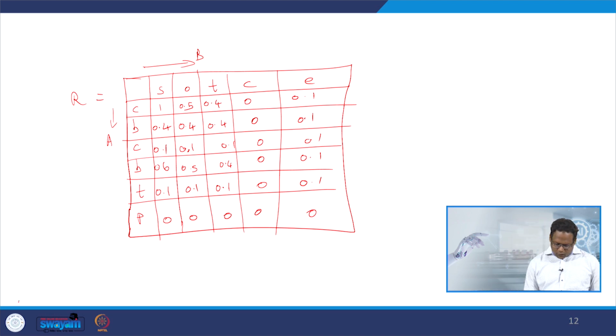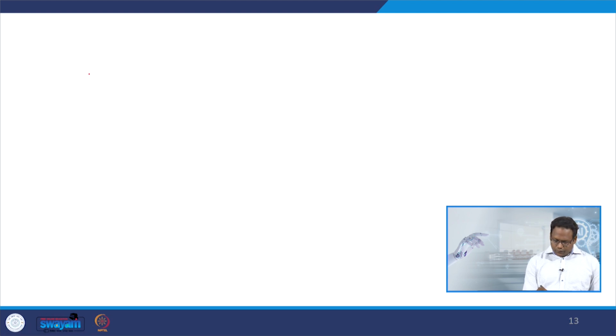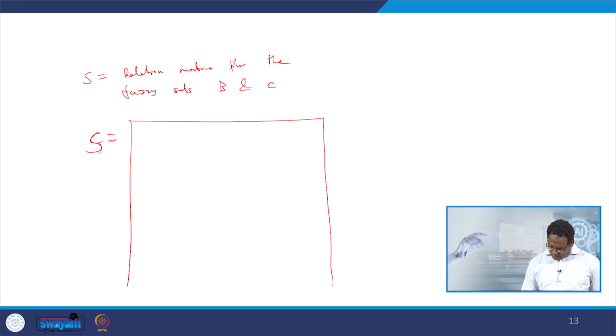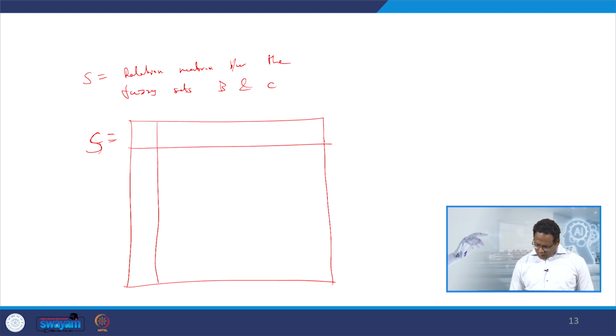Likewise, we can compute the matrix S, that is the relation matrix between the fuzzy sets B and C. In the same manner, the S matrix is obtained, with columns meant by these shapes: square, octagon, triangle, circle and ellipse.